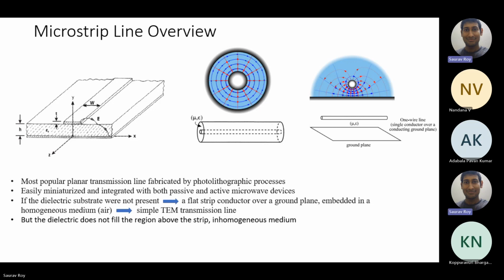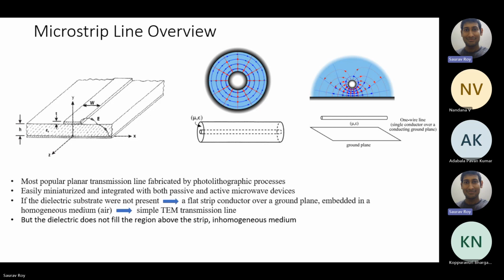But what happens in our case is that in the third picture, you see the conductor itself is completely immersed in air or other substrate. Even the central conductor in coaxial is completely inside Teflon or other substrate.